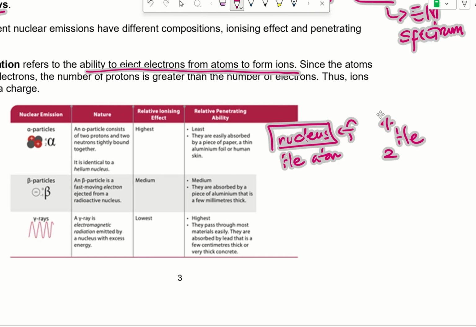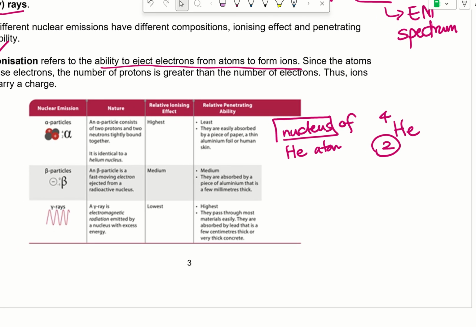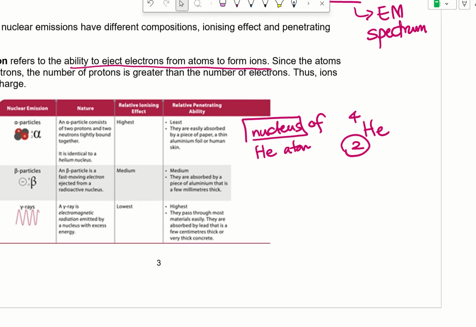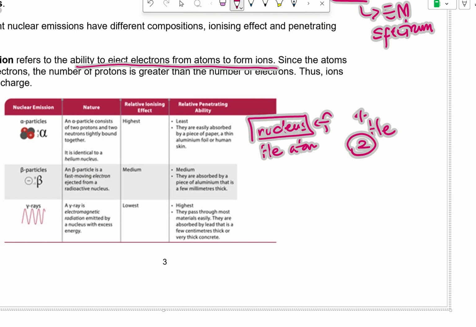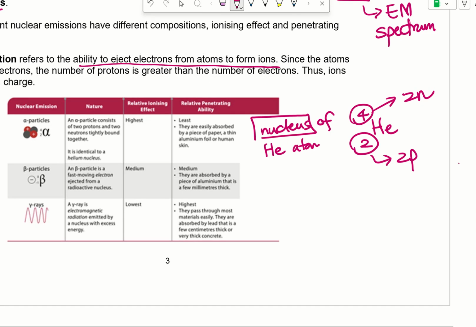What does this mean? It means that when I radiate alpha particles, a helium nucleus will be emitted. This helium nucleus will have 2 protons, and it has 2 neutrons, right? That's how I make up the number of 4.